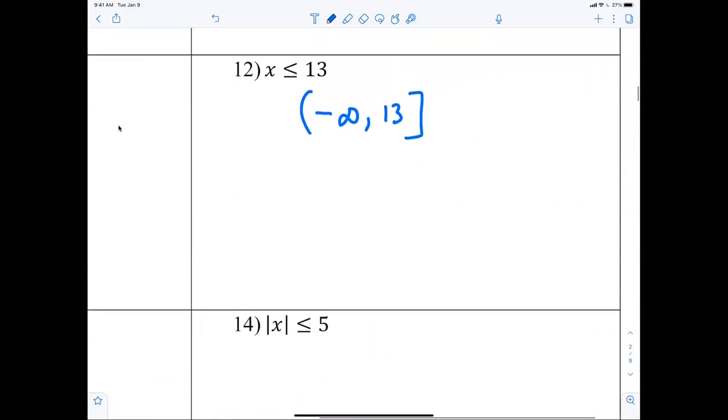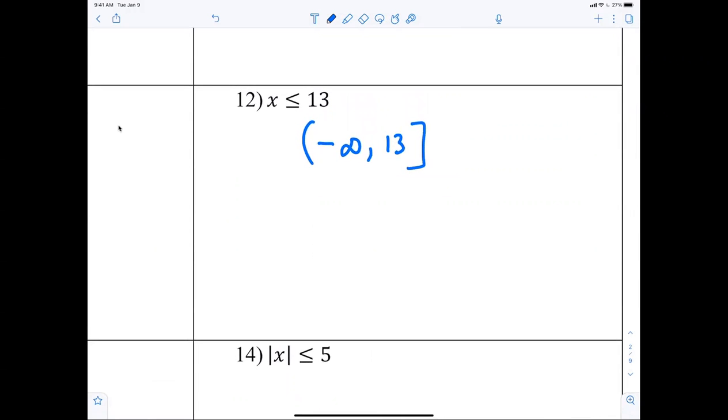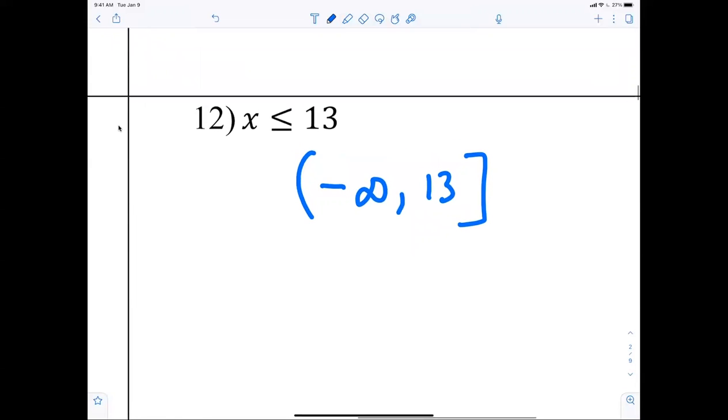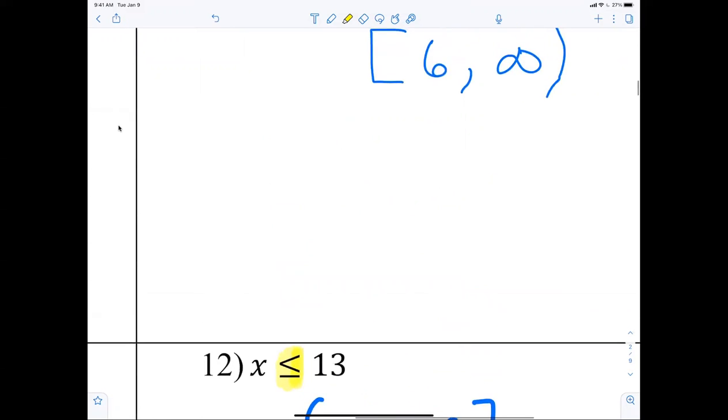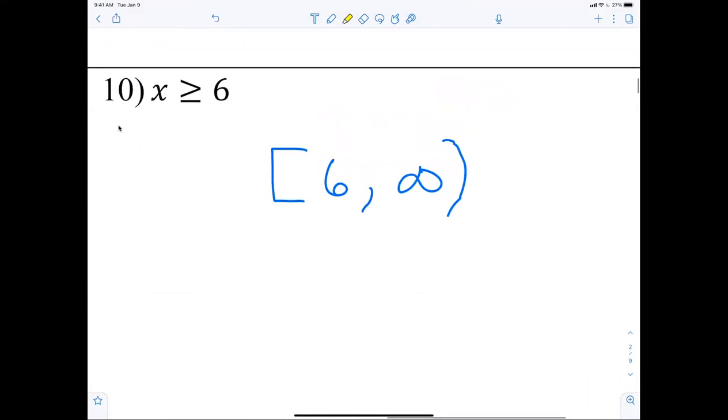Yes. That one, why would it not be 13? Good question, because this symbol, you have to tell me what that symbol means right here. What is it? Less than 13, and less than or equal to, yes. I put the bracket on the other side.